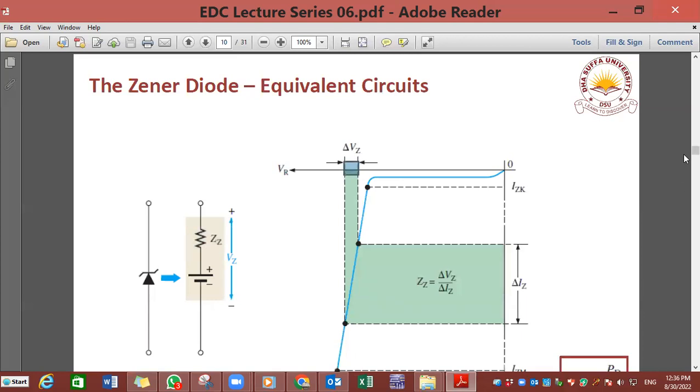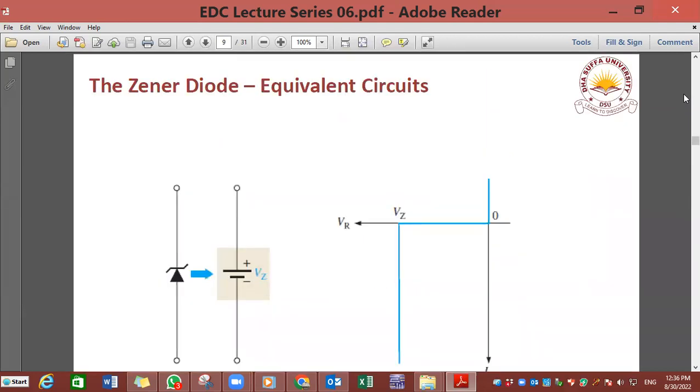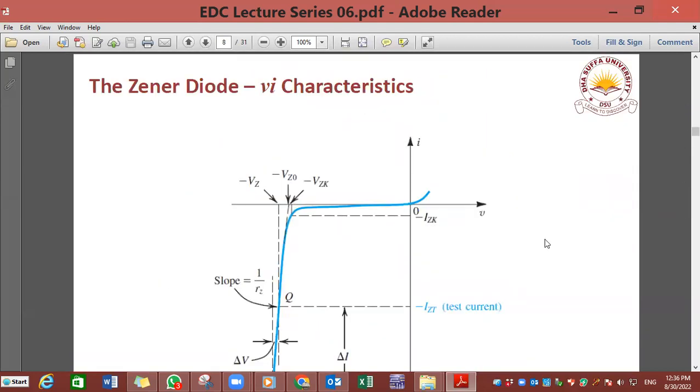I hope this is already clear to you, but even then, go through the videos and focus on the points being discussed here, so that the concepts get firm in your mind, and you will find it much easier while doing the numericals. Numericals need a bit of thinking and focusing. So this was RZ, and the slope is 1 upon RZ.